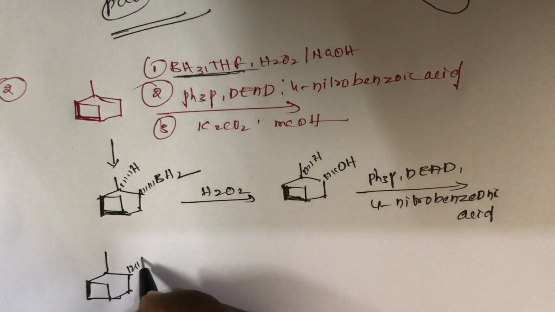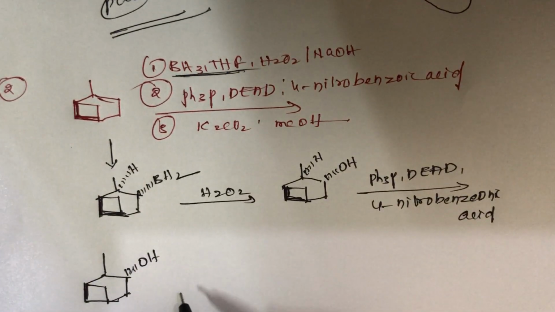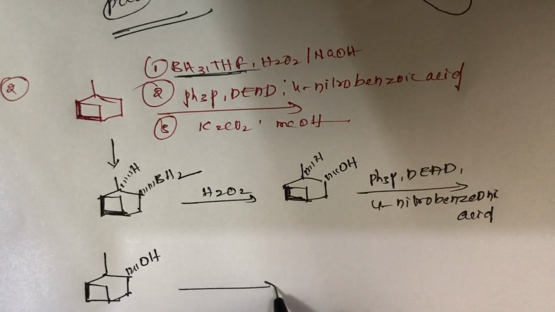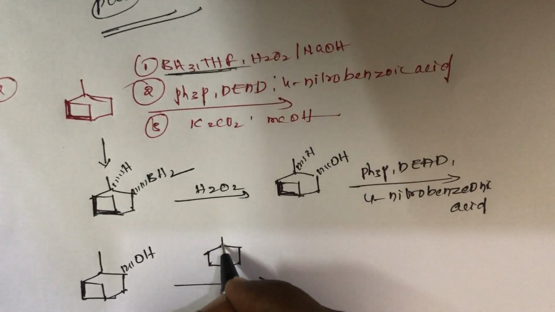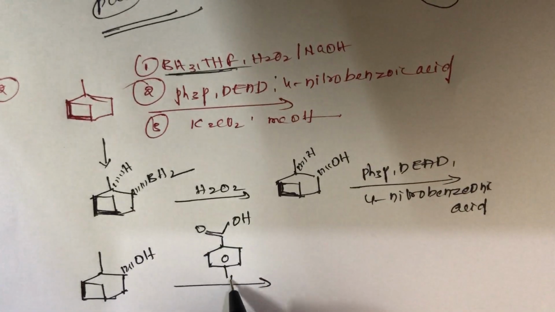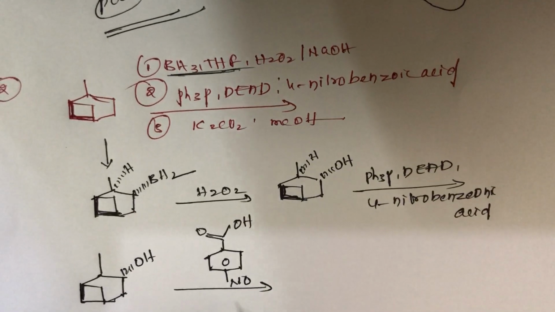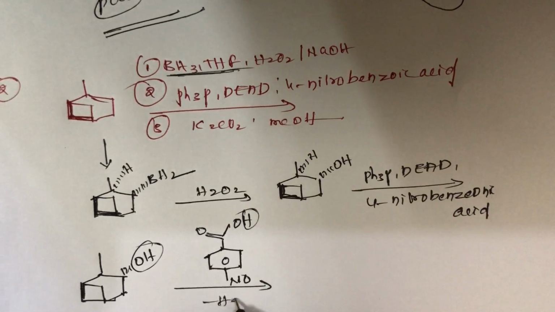So here we have an OH. It is treated with 4-nitrobenzoic acid. This is the benzoic acid, 4-nitro, right? So here the OH and H, the water molecule, will be removed.